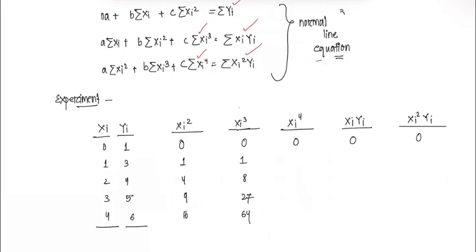Now squaring these values: 1, 16, 81, 256. Now multiplying these values: 3, 8, 15, 24, and then the squares with yi, these values: 0, 3, 16, 45, 96.